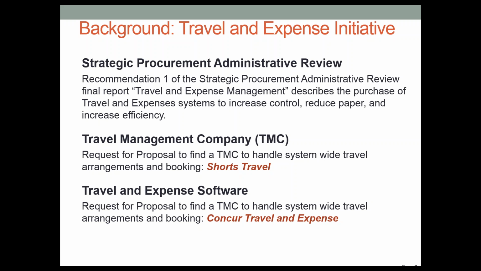In doing so, we received 3 responses back from travel agencies or travel management companies. It's a little bit of a travel agency on steroids, and we'll go through that in a minute. Those 3 agencies that applied were Hurley Travel from Portland, Doobie Travel from Augusta, and Shorts Travel from Iowa.